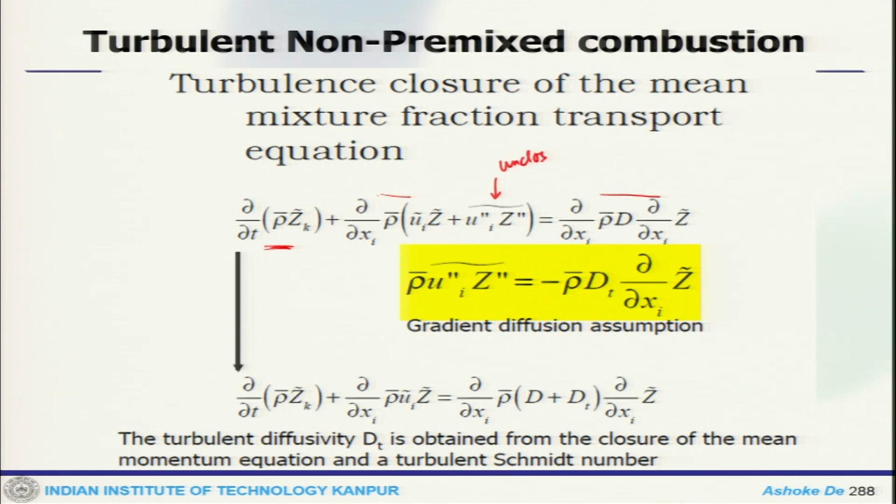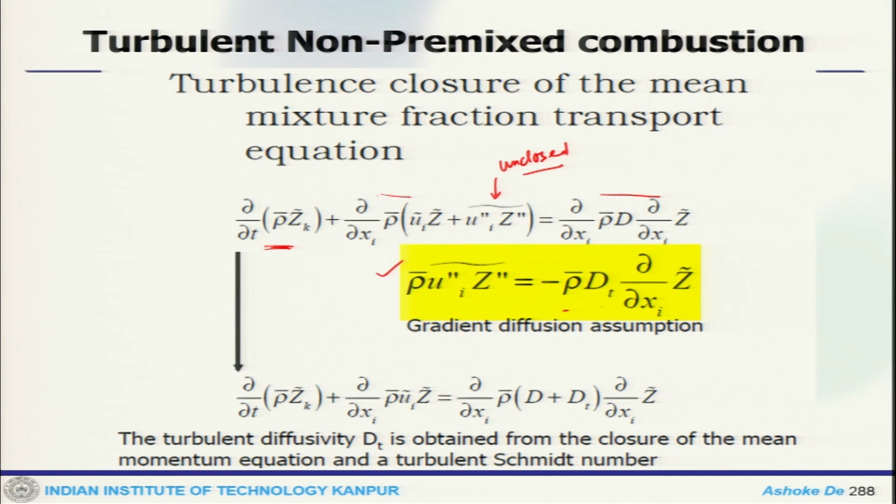So this term is unclosed, and this is one of the terms that requires closure. Using the gradient diffusion assumption, the simplest way one can close it is rho times thermal diffusivity times del Z bar by del x. So this is one of the best ways, and as long as there is no counter diffusion present, this works for a large number of flows.